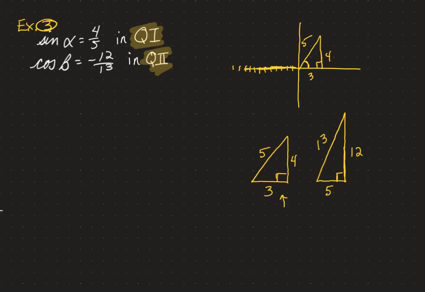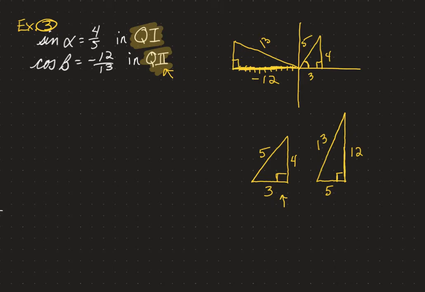We know this side goes out here, but does it go up or down? Well, it's in quadrant 2, so it's going to go up. And the hypotenuse is going to be 13. So if you have memorized this special triangle, and you know this is a length of 12, it's in the negative direction, and you have a hypotenuse of 13, then you have another special triangle.